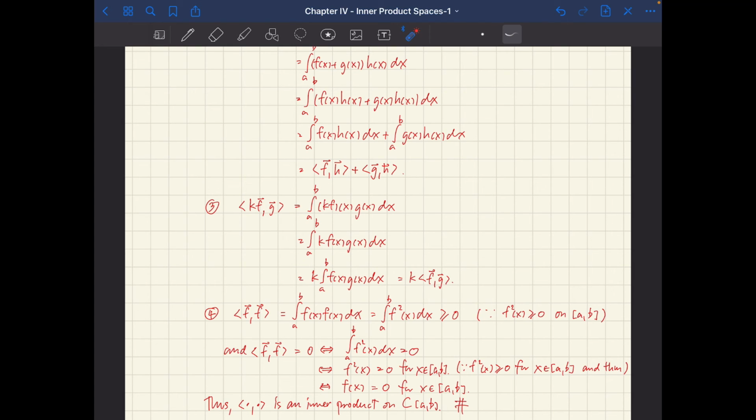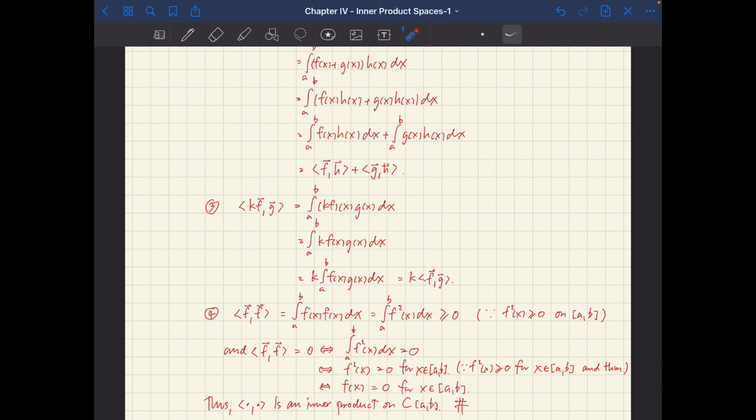Okay, and for the second part, we know that the inner product of f and f equal to 0 means this integral is equal to 0, right? And why can we imply that the integrand, I mean f squared, is equal to 0?